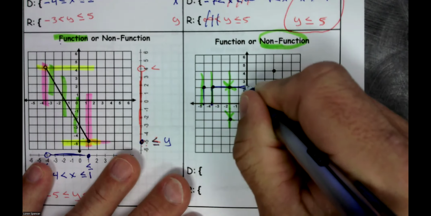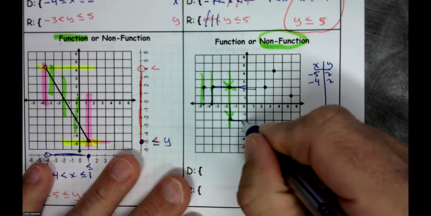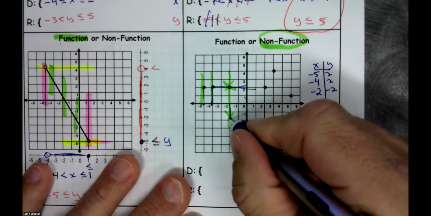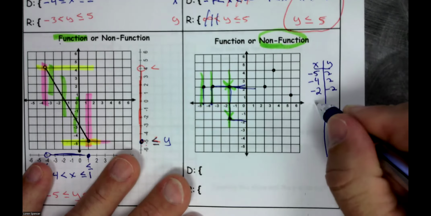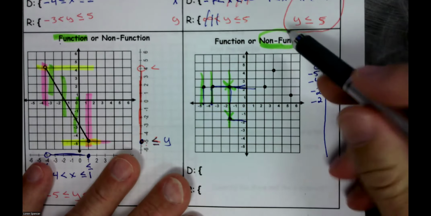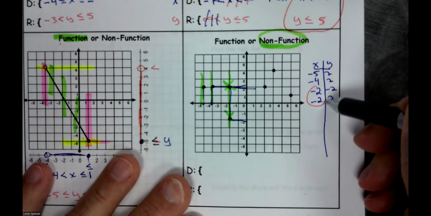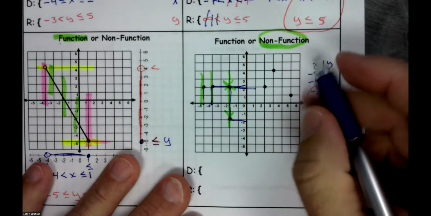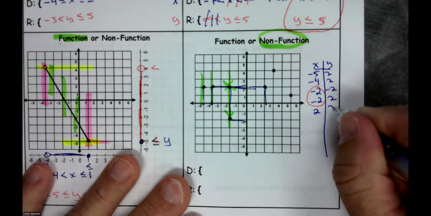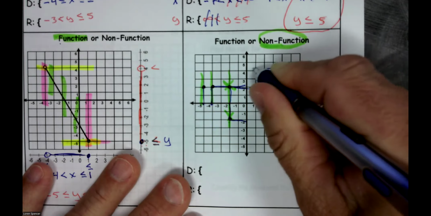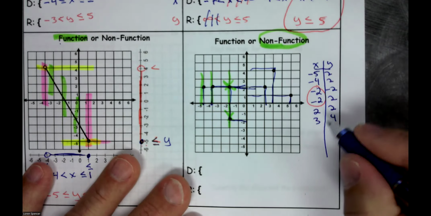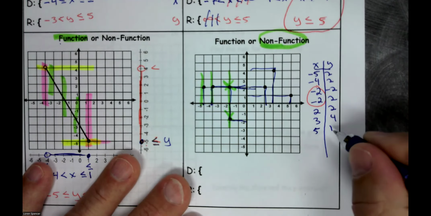That's this point. Then I went -2, -2. Then I went -2, 2. And we see right here that these x's repeated, and because they repeated, that's what makes it a non-function. Then I have 2 and 2. Then I have 3 and 4. And then ultimately I have 5 and 1.